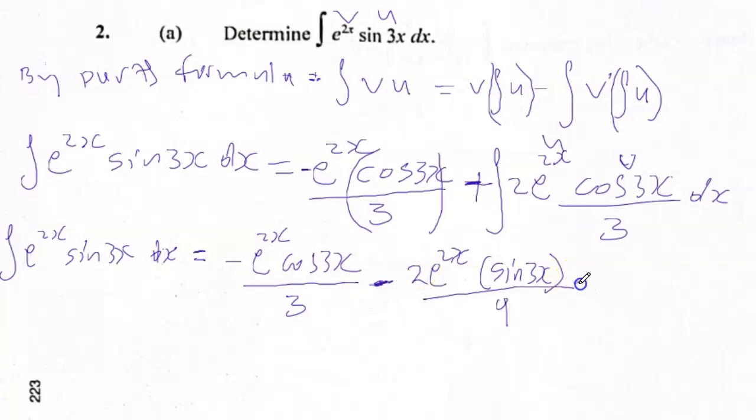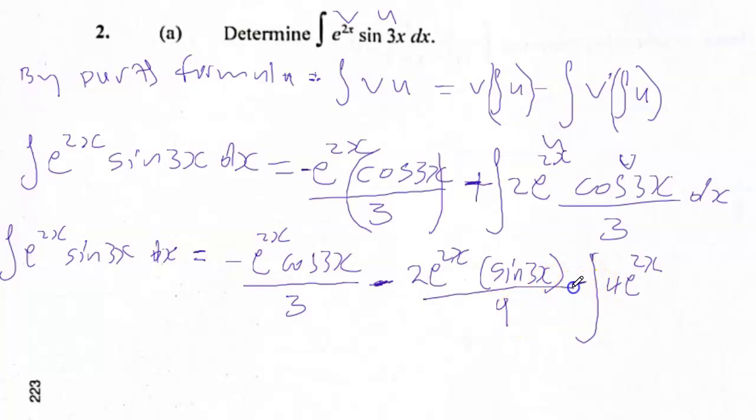Minus the integral. This time I'm going to put my u prime, which is 2e to the 2x differentiated, that's 4e to the 2x. And of course, I restate my integral of u, which was negative sine 3x over 9.